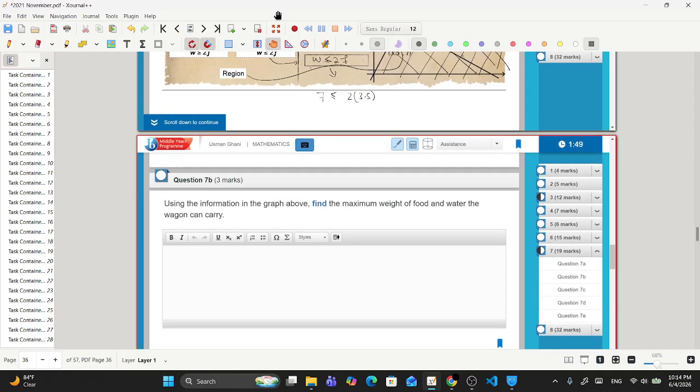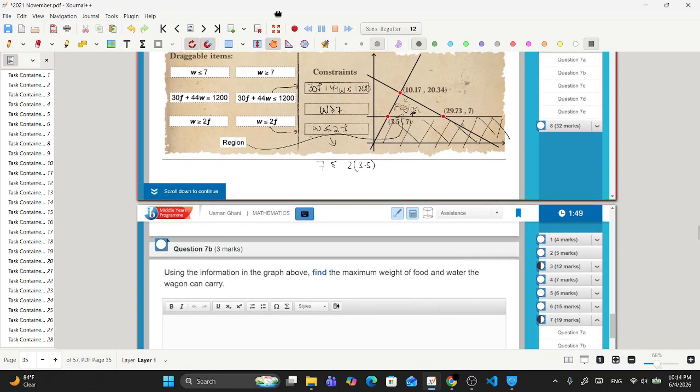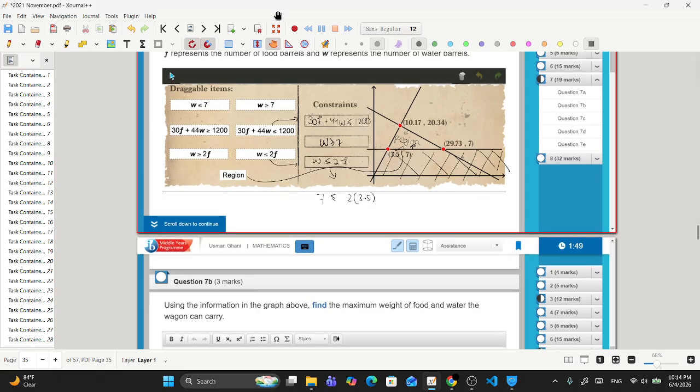Using the information on the graph above, find the maximum weight of food and water the wagon can carry. The maximum weight. Let's check. How could you solve for the maximum weight?